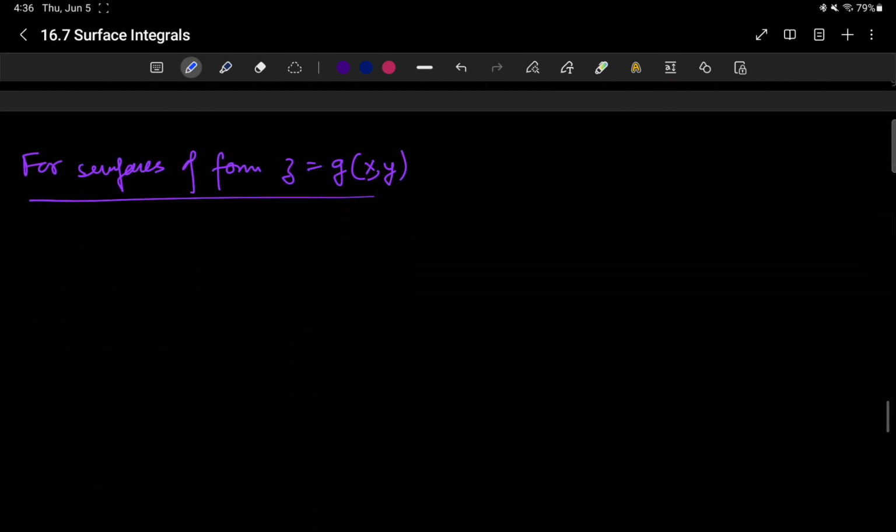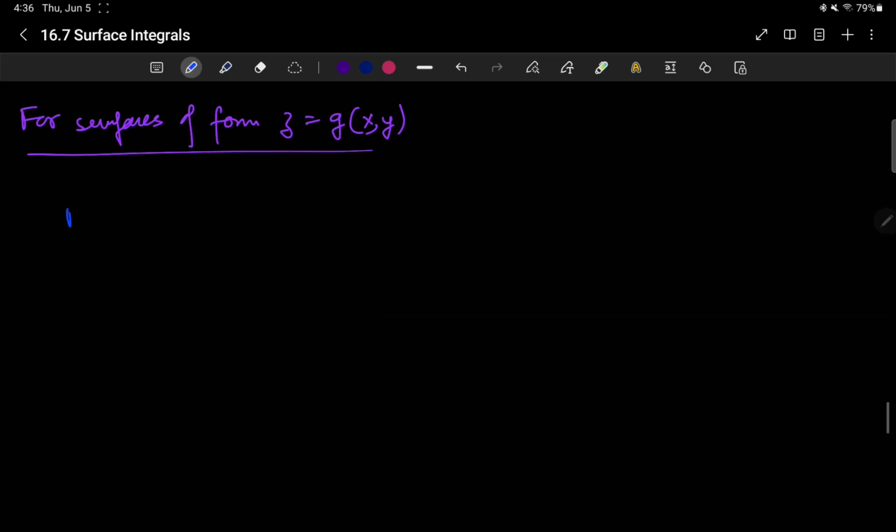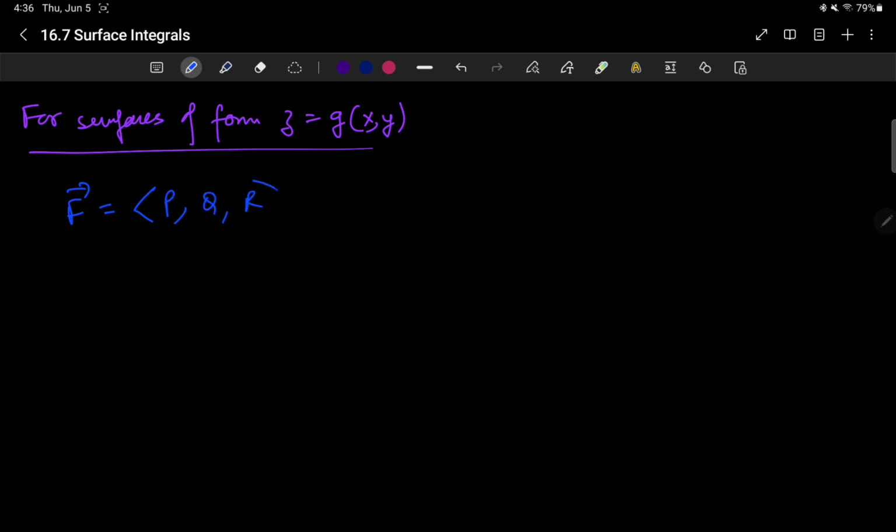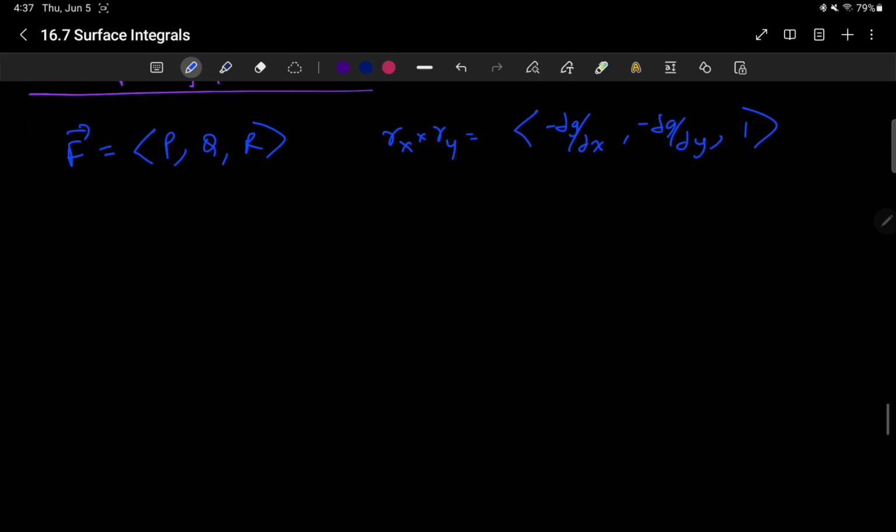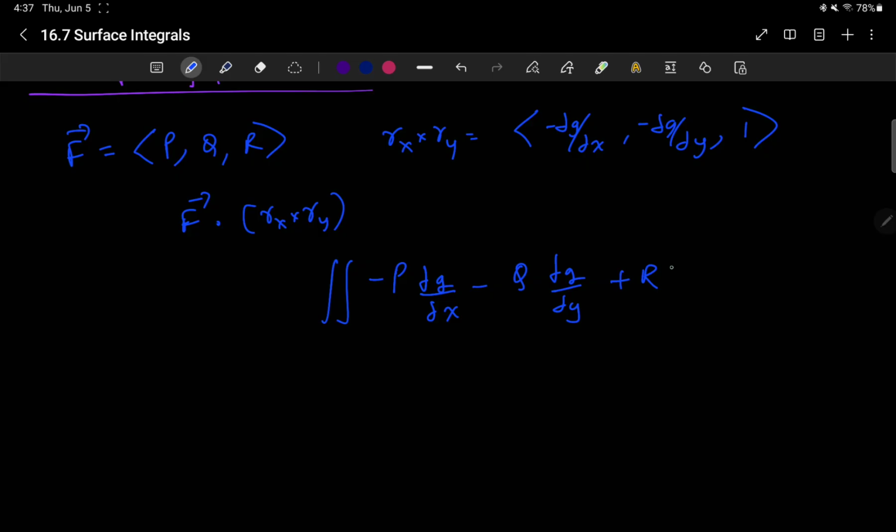Now, is there anything special that happens when you work with surfaces of the form z equals g(x,y)? Well, let's see. If I'm working with a surface of the form z equals g(x,y), then I have P, Q, R as my field, and my Rx cross Ry is negative del g over del x, negative del g over del y, and a 1, so that when I take this dot product, I'm left with negative P del g over del x, negative Q del g over del y, plus R dA.